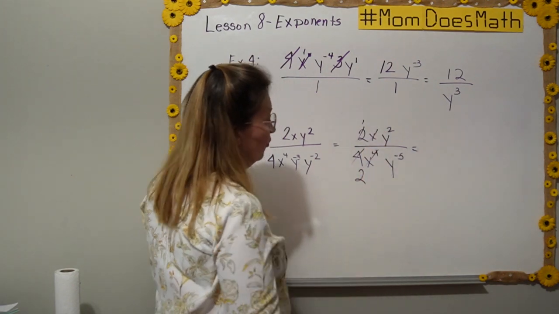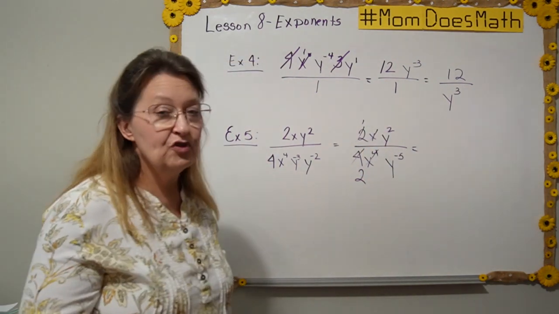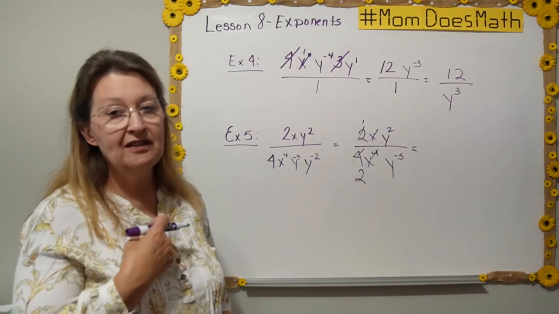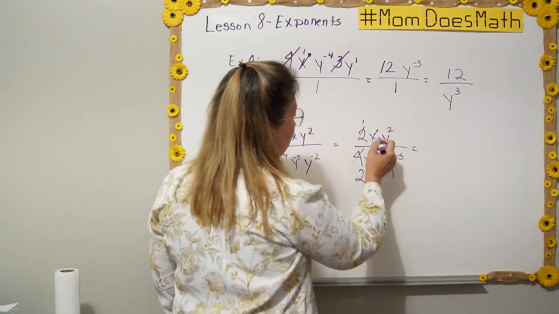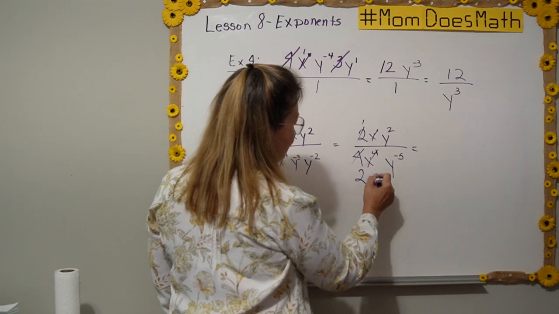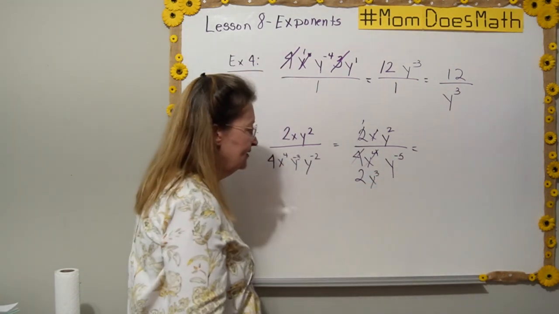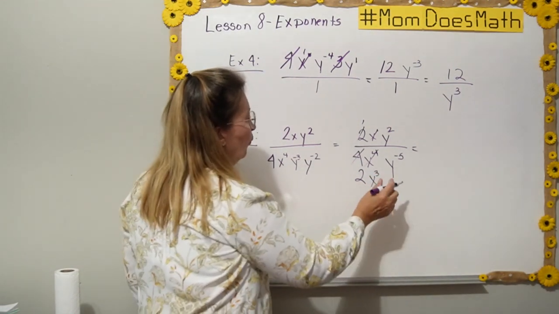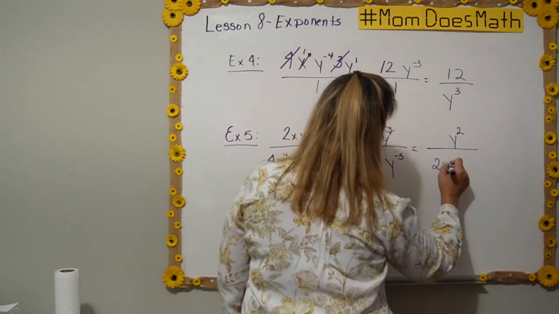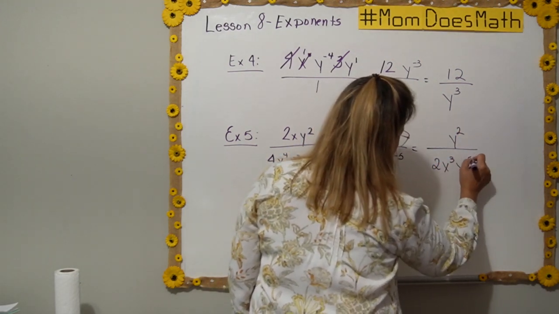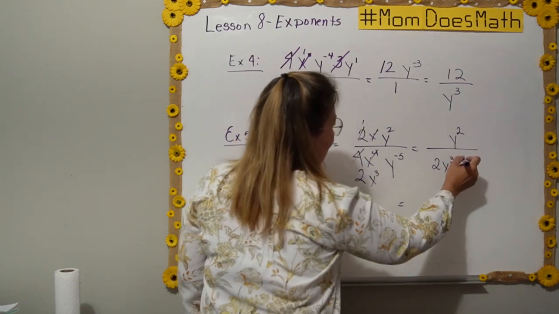X and x to the fourth, remember we said you could just subtract, and what I do is I subtract the small one from the larger. So that's going to be 4 minus 1, which is 3, and it's going to go where the largest one is, okay? Now, what I have left at this point is y to the second and 2x to the third, y to the fifth. And that's a negative 5.